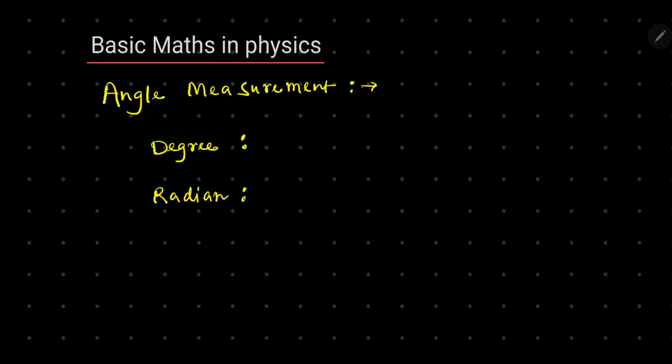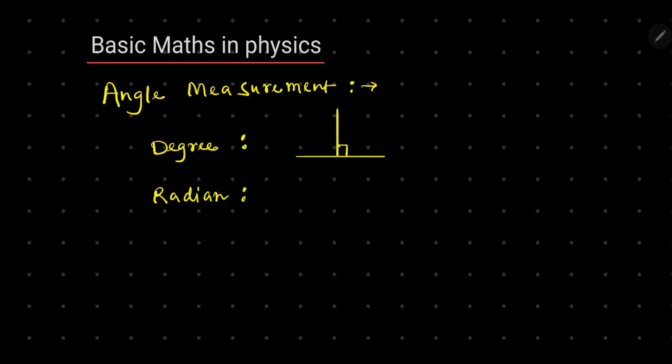Let's say that we have two societies, society A and society B. In society A, people say that when two lines are making a shape like this, one is perpendicular to the other.